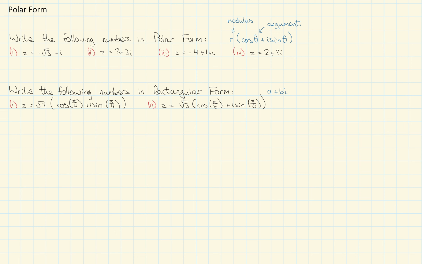Okay, so if we start here with part 1, we have z equals minus root 3 minus i. We'll find our modulus first. Into your calculator, r equals 2. We'll draw a quick sketch of it then.